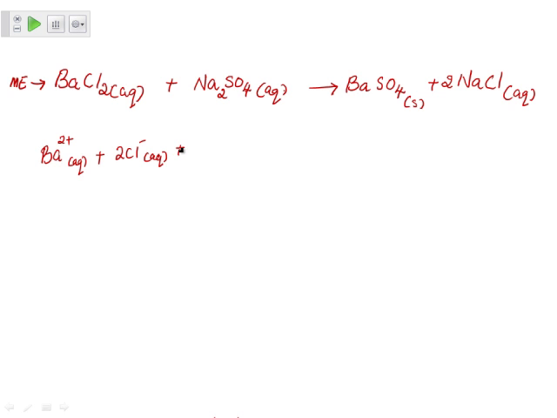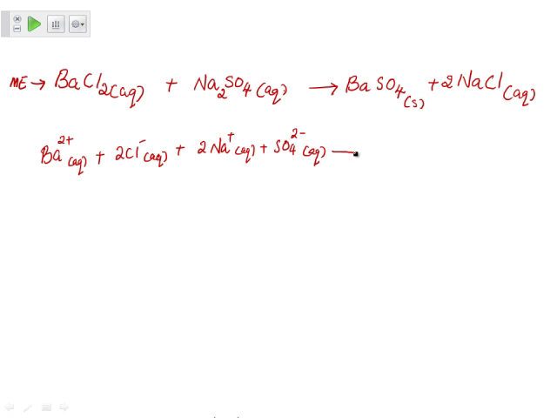Plus, split the second one please, Na2SO4 AQ: 2 Na+ AQ, and who is my negative ion there? SO4, charge is 2-, AQ.